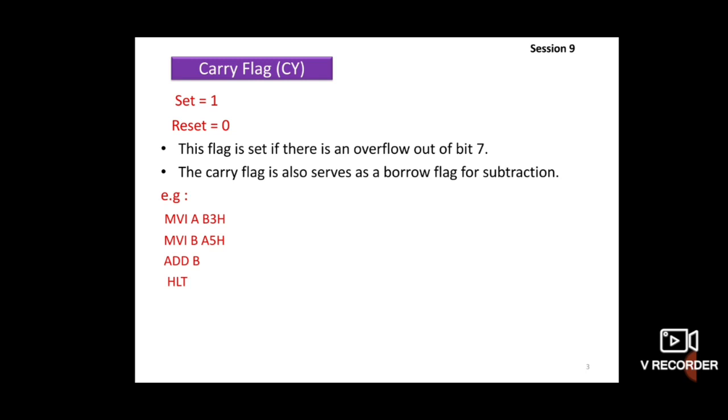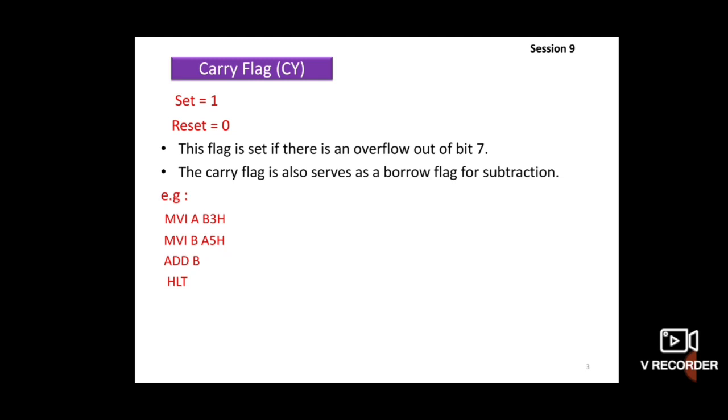This type of program we will learn in the next chapter on the 8085 microprocessor, because these are instructions, the total instructions in the 8085. After we learn the instructions, then we learn how to write programs in the 8085. But these are a few examples of this type of problem or program.